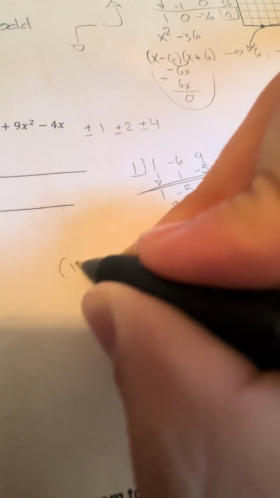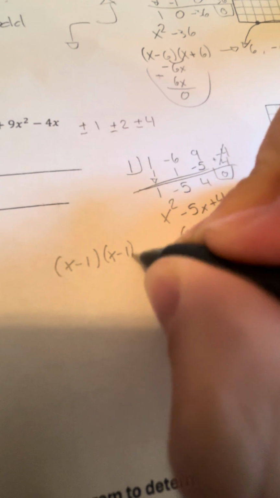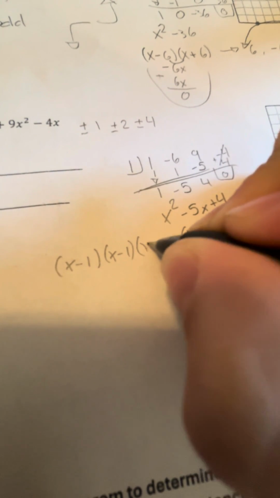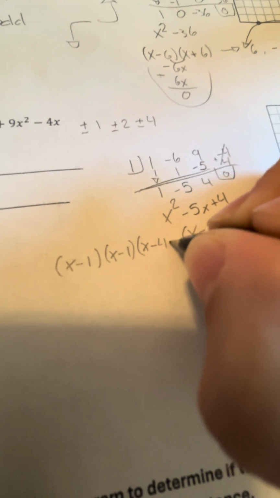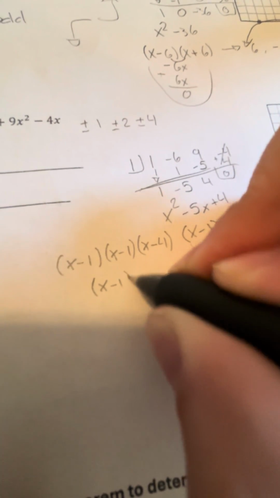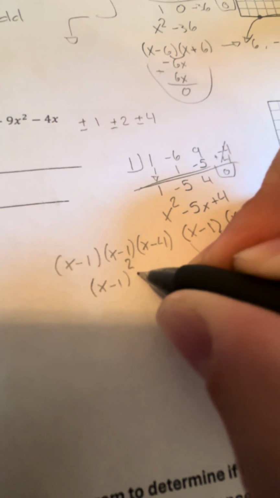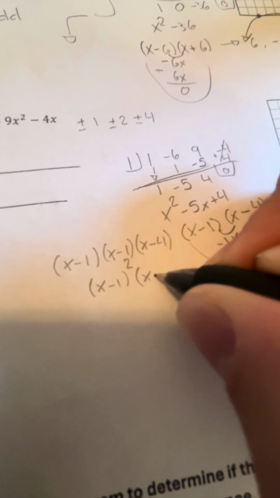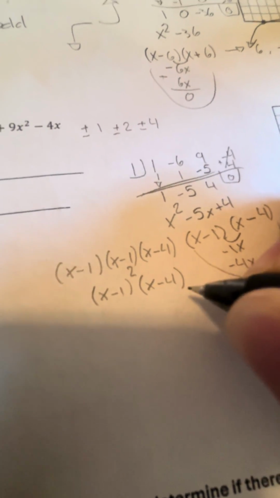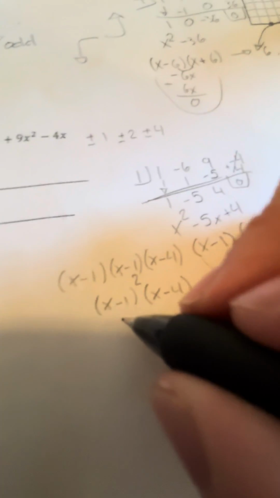It would be x minus 1, 2 of those, x minus 1, and then x minus 4. Really, that looks like this, and that means the multiplicity, so it's multiplicity of 2, like that.